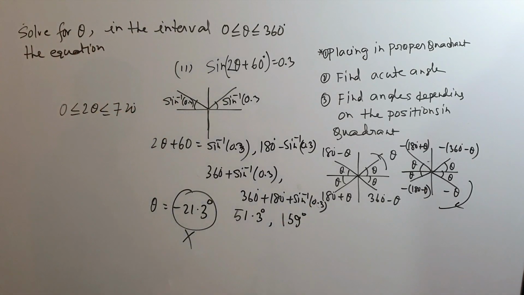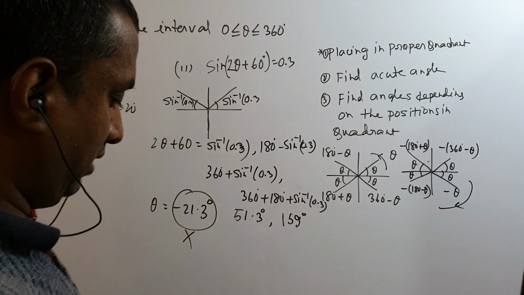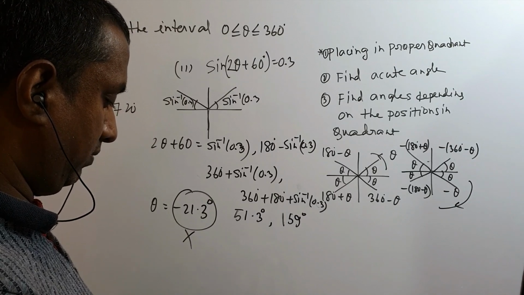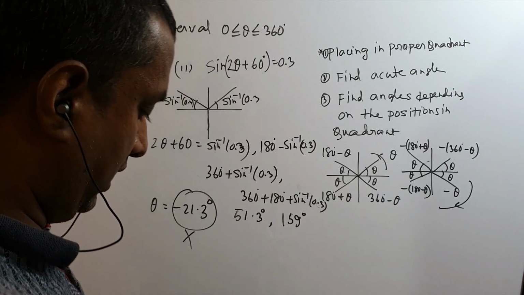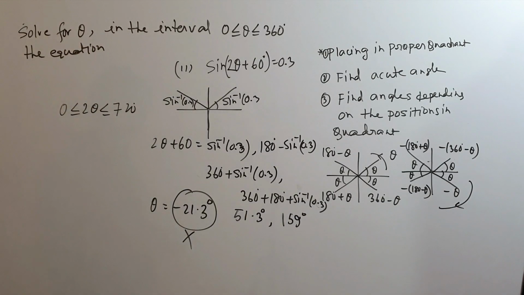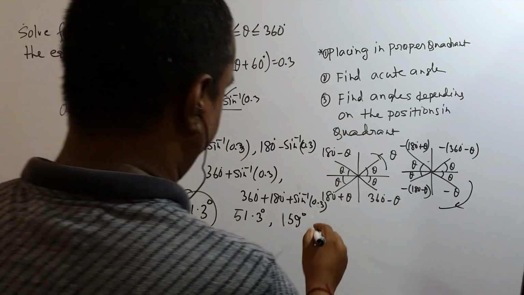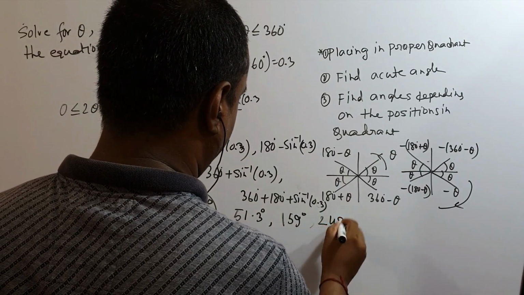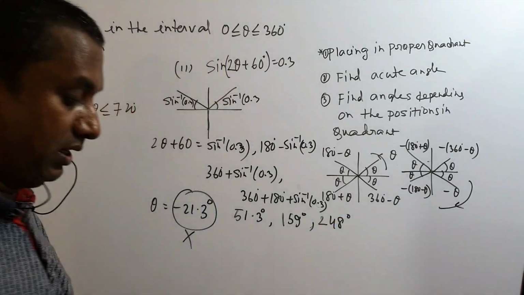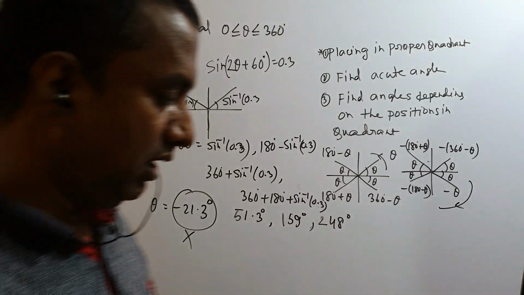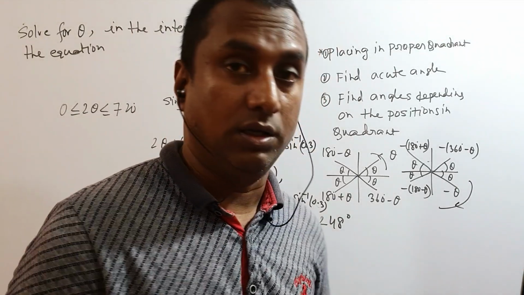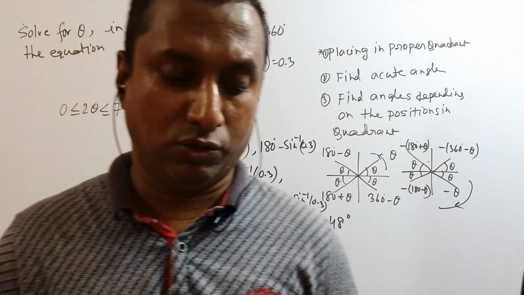In the same way you can solve the rest of the things also. This one is 360 plus 180 plus sine inverse, and this one's result is 248 degree. All are in trigonometry. So this is the result, and I think that you need to practice all this.